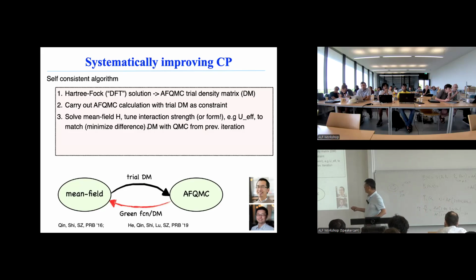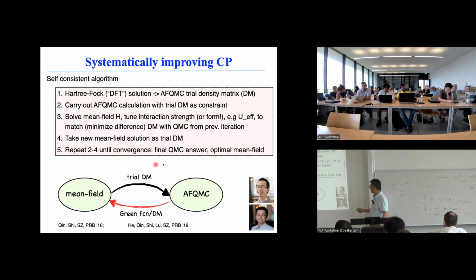So here we've just used the Hubbard model mean field, but we tune the interaction strength. And then we solve the mean field to minimize the difference with the QMC density matrix. We feed it back in, and we try the new mean field. And we repeat this until convergence. The convergence means that it's been minimized. We cannot make any more progress.